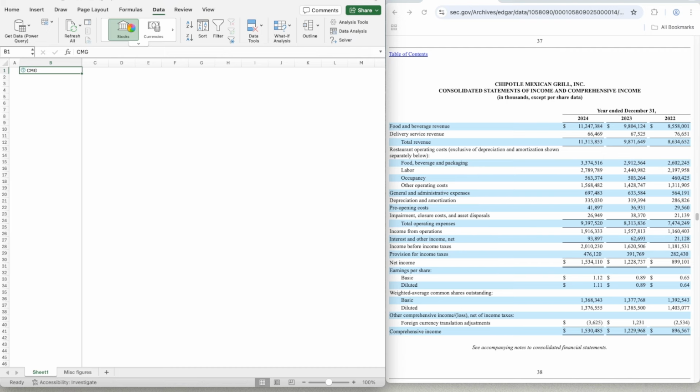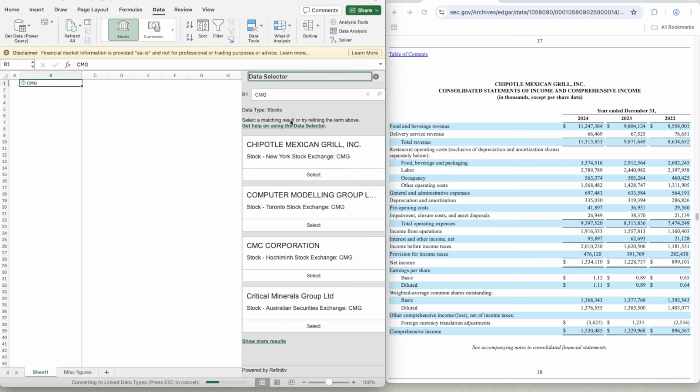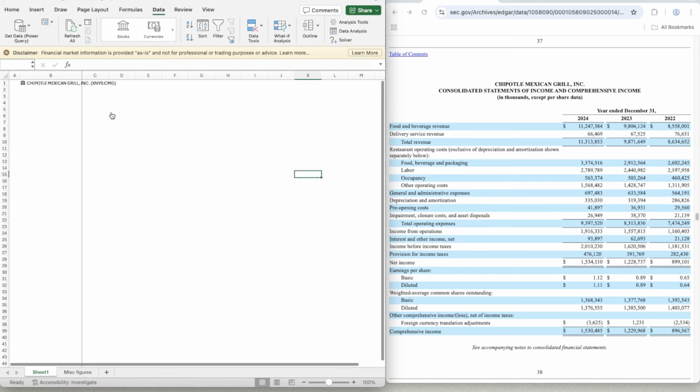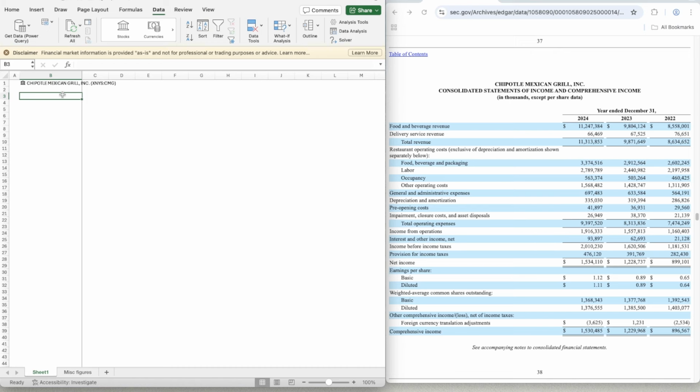Come on. There we go. And this is going to allow us to have the live prices, live market cap, and anything else live that we need.